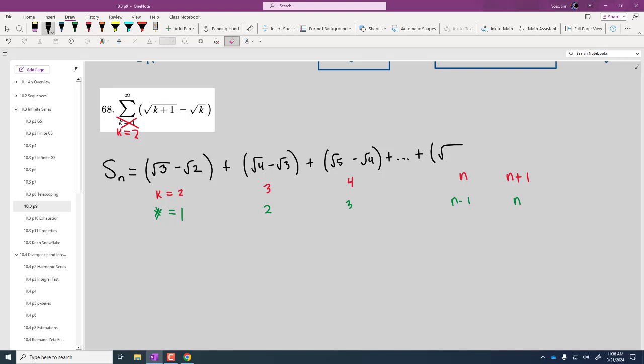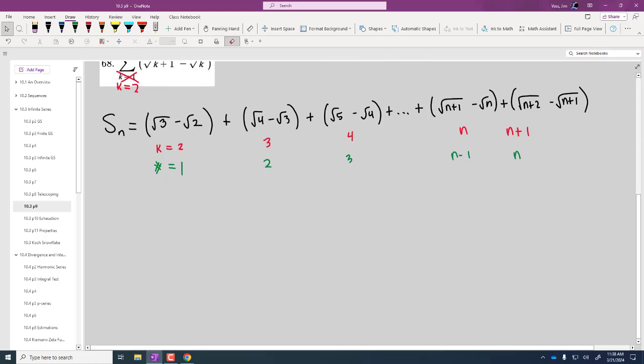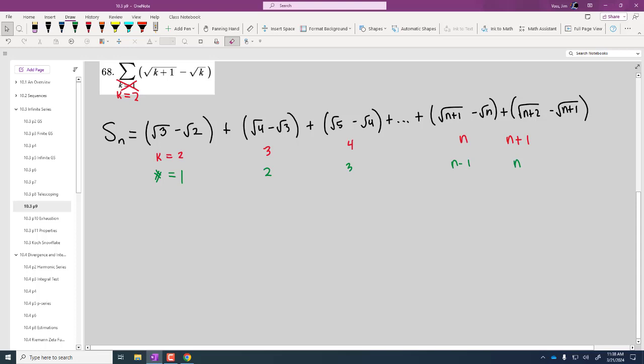That's just going to be root n plus 1 minus root n. Plug in n minus 1, we're going to get root n plus 2 minus root n plus 1. All right, so there is the sum of the first n terms.